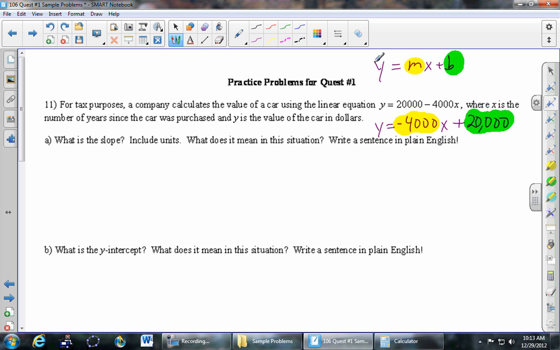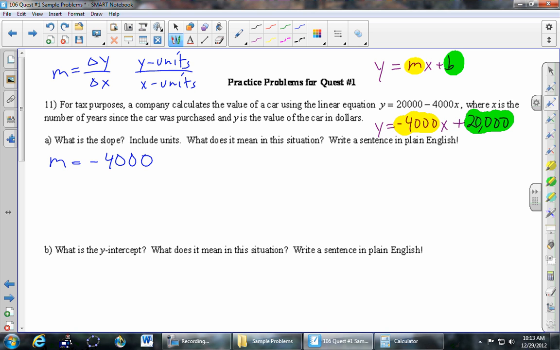Okay, so part A says, what is the slope? Slope is negative 4,000. What are the units? Okay, so we know that the slope is a change in y over a change in x, which means the units are going to be whatever the y units are over whatever the x units are.